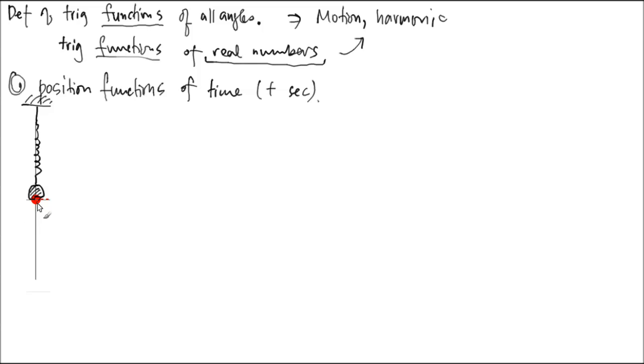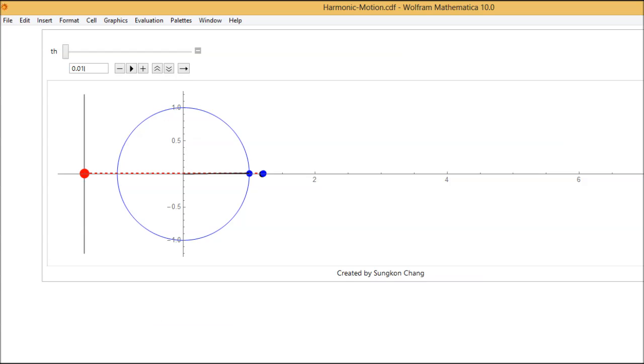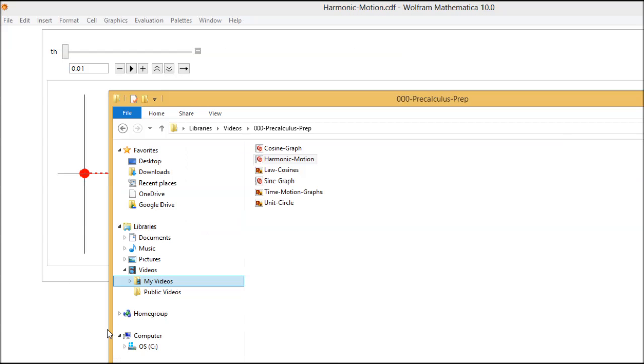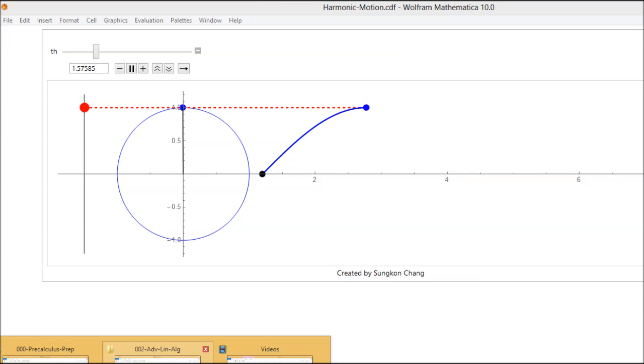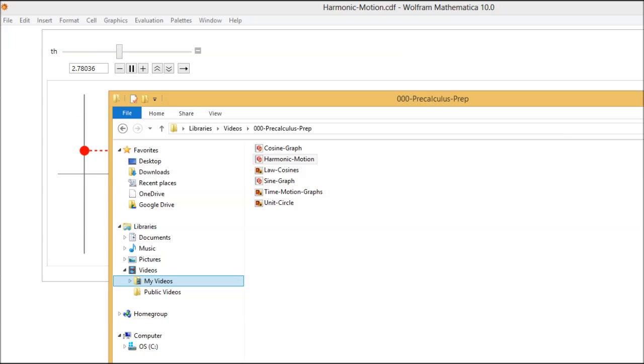So just focus on the end of this mass, and this animation is supposed to show you that motion. So if I play it like this, again, I'm not showing the spring and all that, just the end part, in very slow motion. Okay? So this is going to be a position. This is the 0 position here, right?